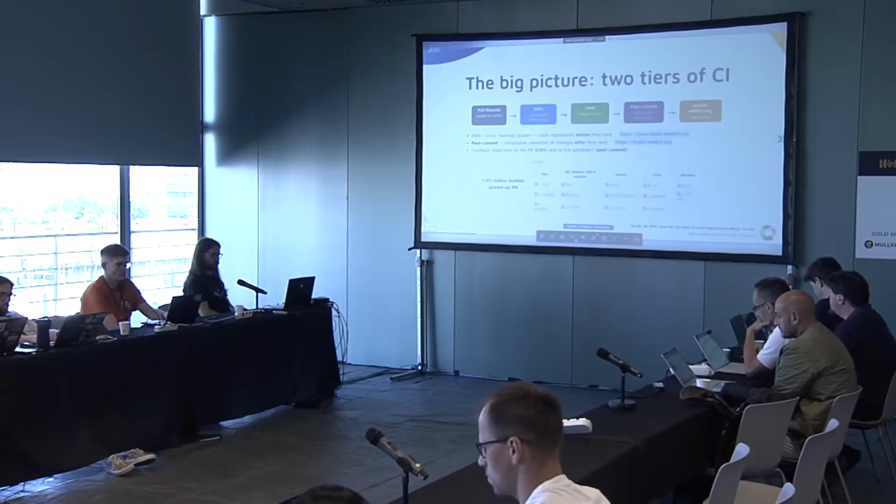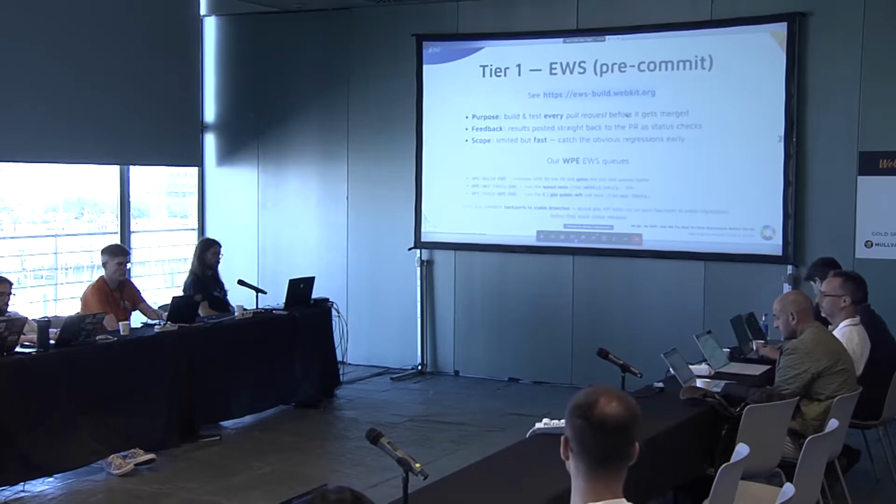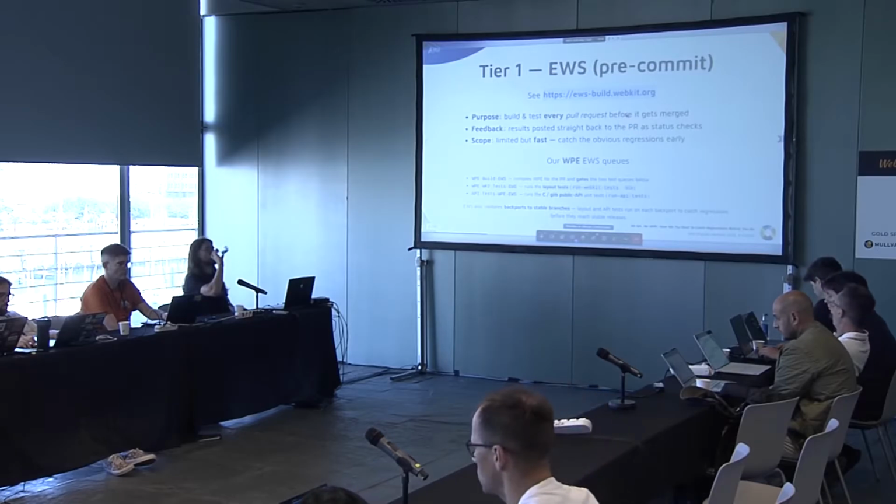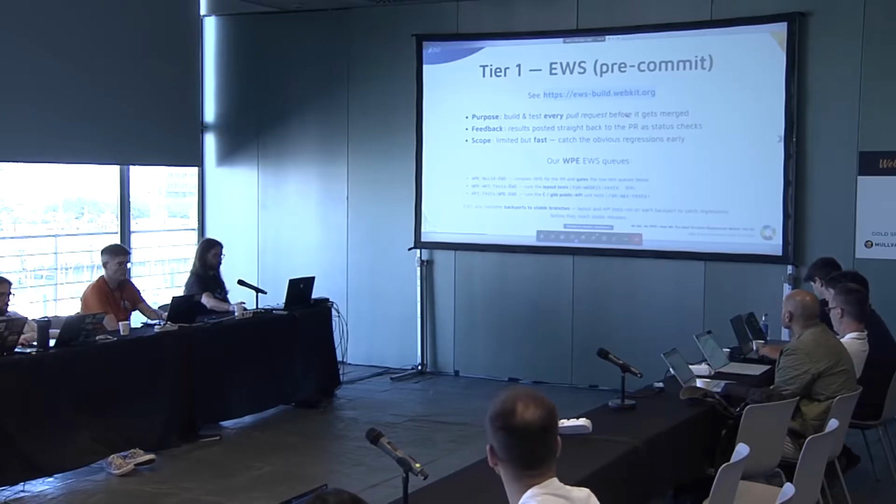So this system is tier 1, EWS pre-commit. The purpose is to build and test every single pull request before it gets merged. The feedback is given directly back to the PR in the form of that status bubble, so developers can quickly see if there's anything problematic with their patch or not.